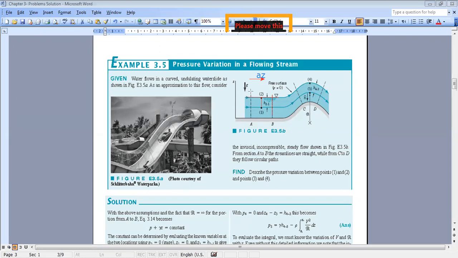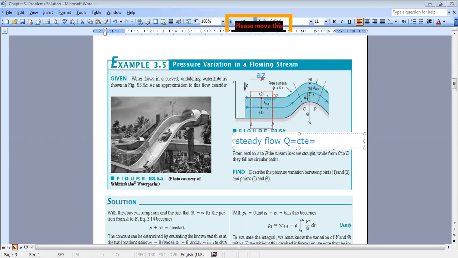Because it's a steady flow, you have that Q, which is the volumetric flow rate, is constant.